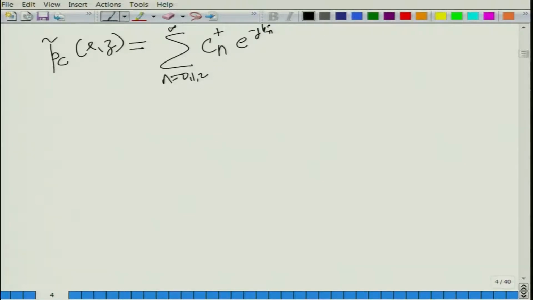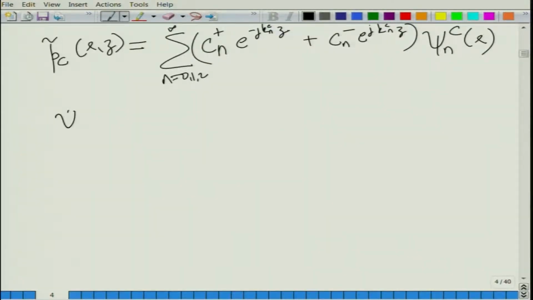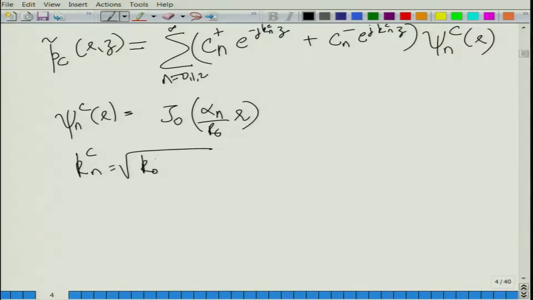This is the chamber thing, into z you can consider, and C_n minus j k_n c z, and here you will have your psi_nc(r). Now, psi_nc(r) is this thing, and k_cn is nothing but root over k naught square minus alpha n by r naught whole square. Okay.